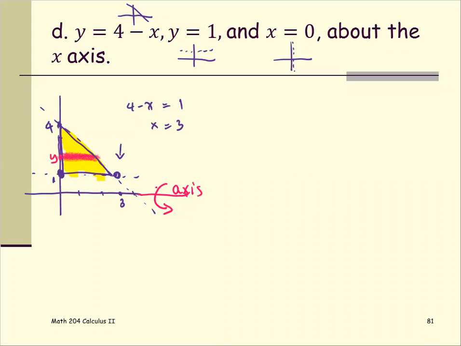Once you see the y position, you can tell that the thickness is going to be delta y or dy. And when you move the bar up and down, the lowest y that it can go within the region is 1. The highest y it can go is 4. So we now have the interval of integration.